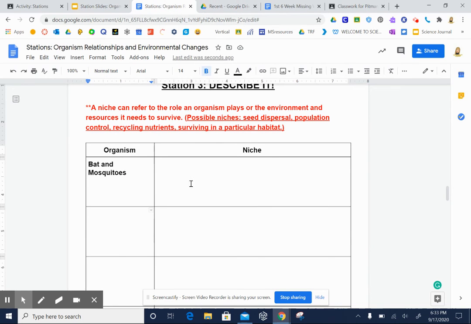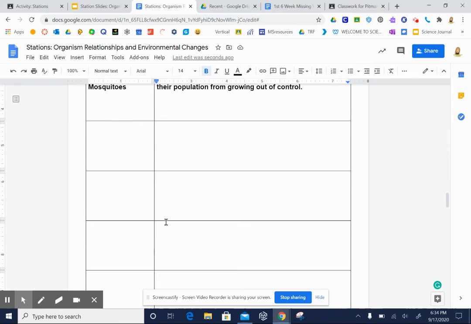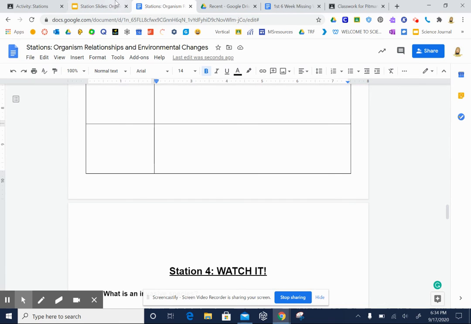So when I come back over here, I'm thinking he's population control, because he eats mosquitoes to keep their population from growing out of control. Okay, now you will reuse population control on this one. There is another example that is population control. So you'll just continue with the rest of the pictures in the slides.